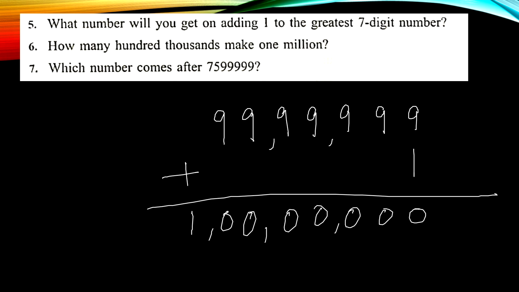And here we go. So you see the number is 1 crore. So that is what you will get if you add 1 to the greatest 7-digit number. So let's write it. Okay. I hope this is visible.